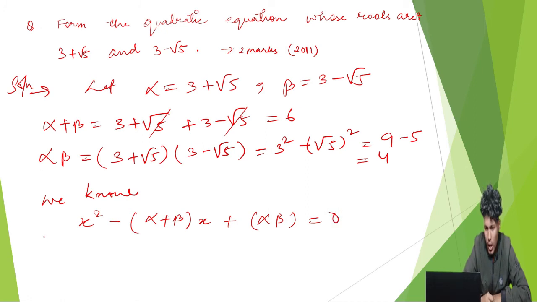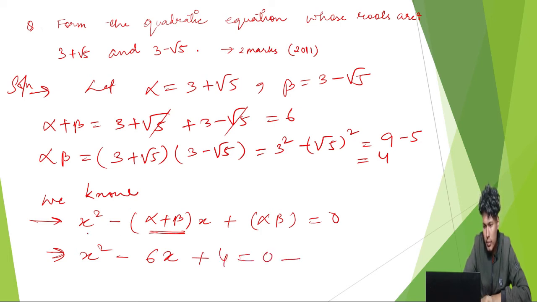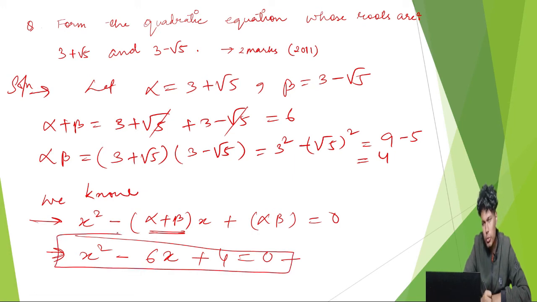This whole equation we have already derived in the previous question. So alpha plus beta is 6, so 6x, plus alpha into beta, which is 4, equal to 0. So x square minus 6x plus 4 equal to 0 is the required equation which the question is asking.